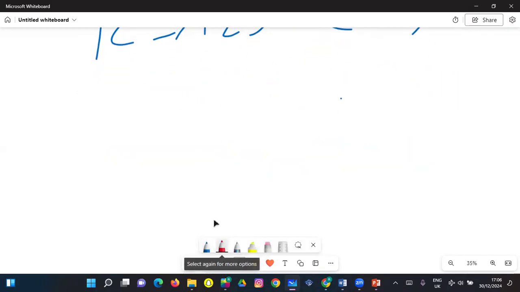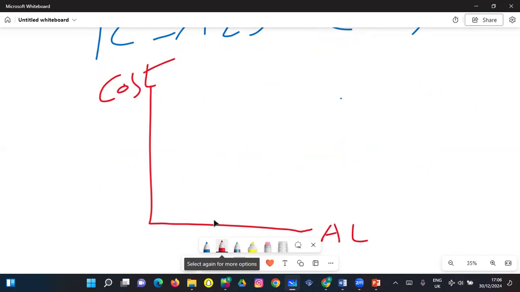Because it's a graph, you draw a graph, activity level, and then cost will be here. So various activity levels, let's say 1,000, 2,000, 3,000, and the likes, that's the cost.